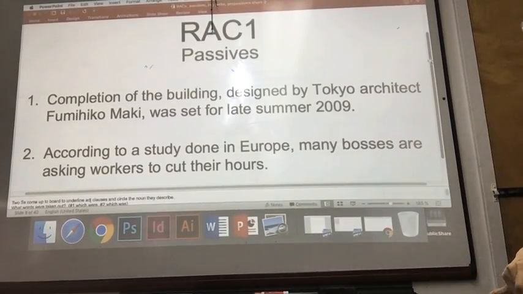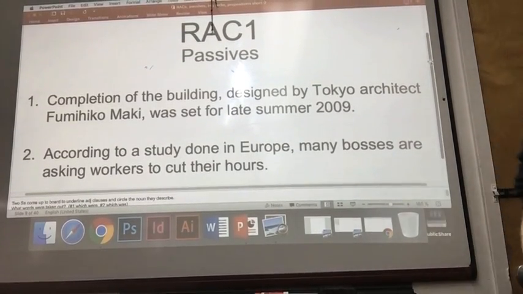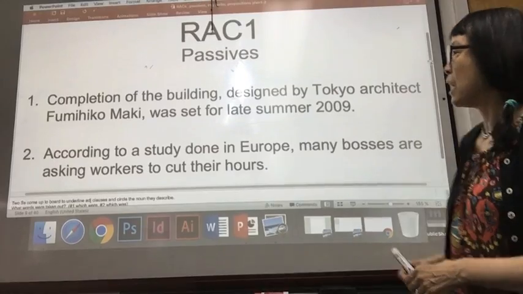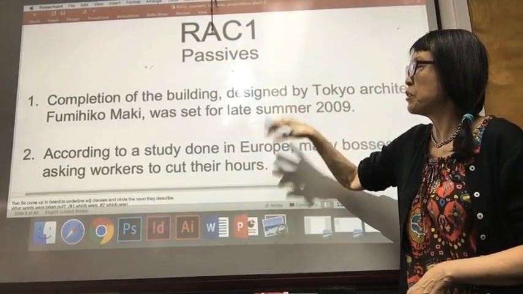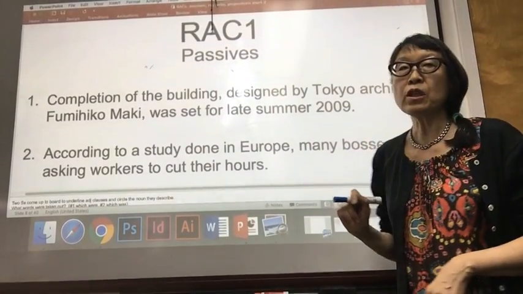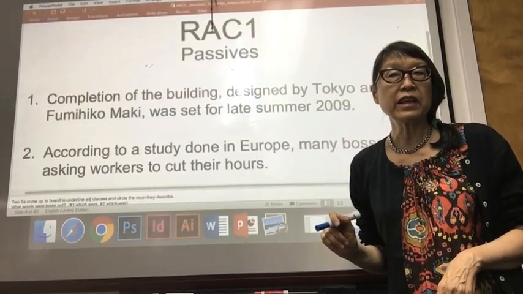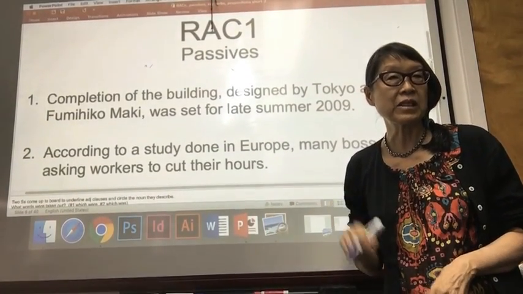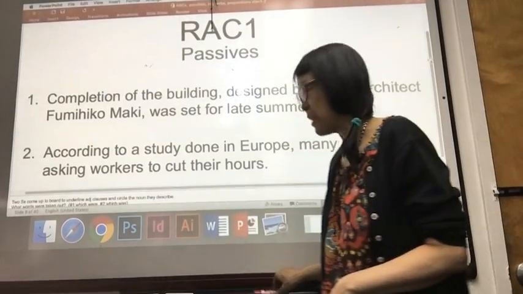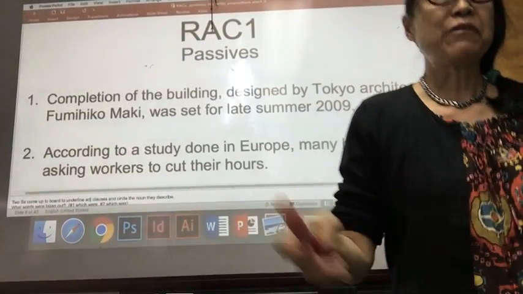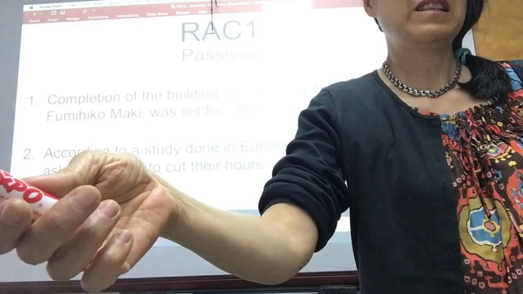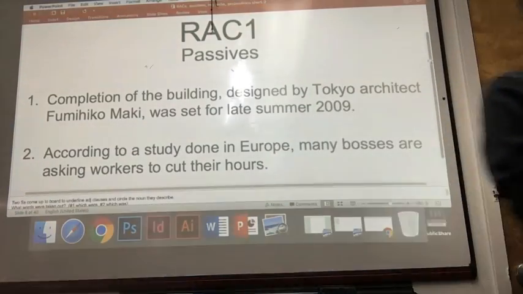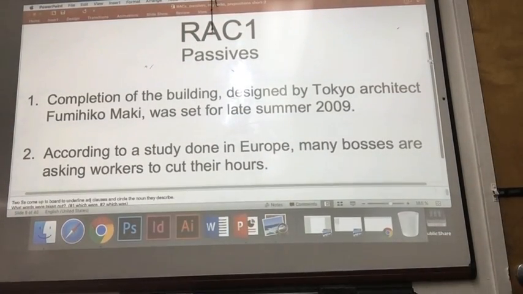Okay, all right, so now what I'd like you to do is come up and underline, we have two different sentences here. Underline the adjective clause in the sentence and circle the noun that it modifies. Okay, so let's have Xuan and Ying, since you're both right in front. Okay, Xuan, you can do number one.